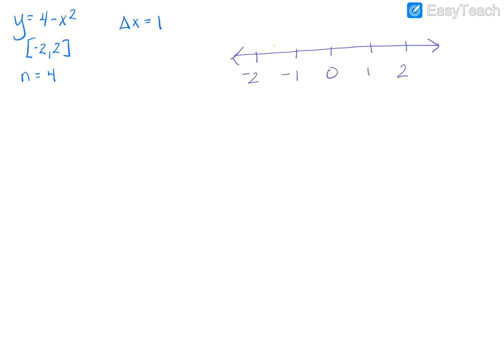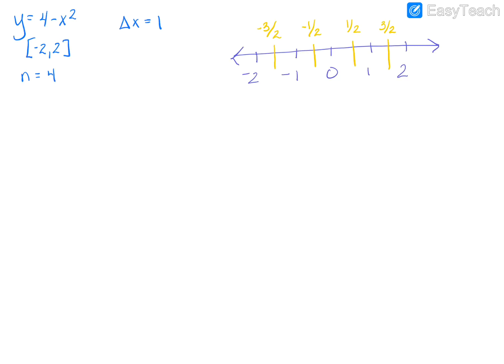So what that is going to look like is this is going to be -1.5, this is going to be -1/2, this is going to be +0.5, and +1.5. So if we take the midpoint between all the 5 numbers we were given, we actually only get 4. So we're going to use those 4 numbers to plug in for x.